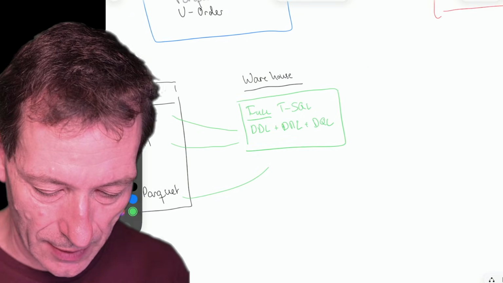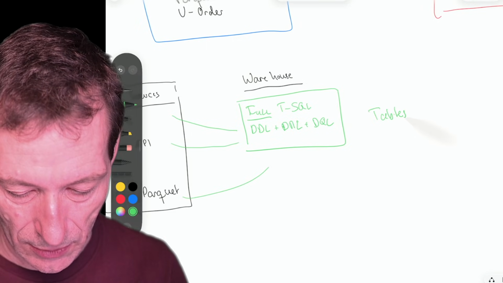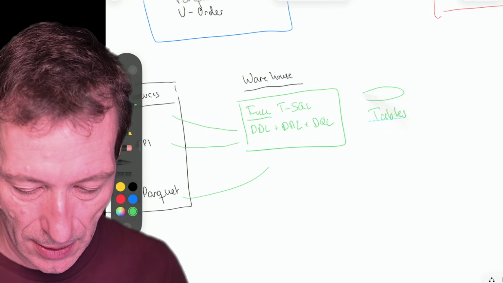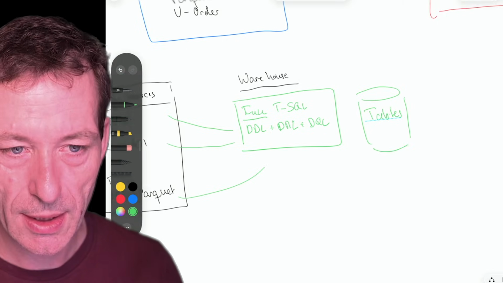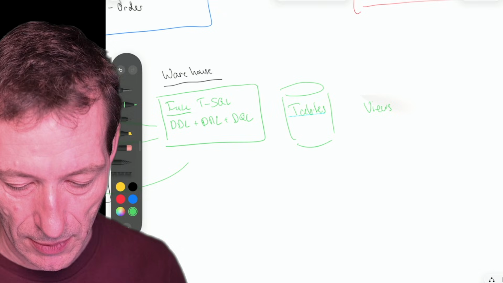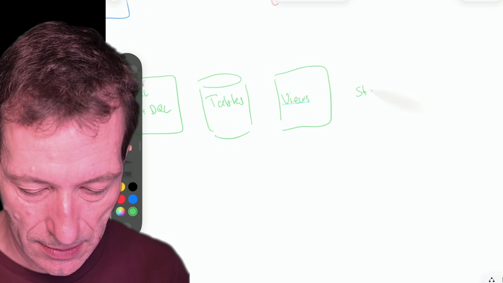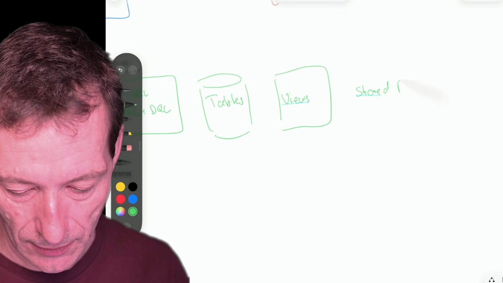Next, beside that, we have tables that you can query, you can manipulate, you can create. You have views. You have even materialized views now. You have stored procedures for programming.